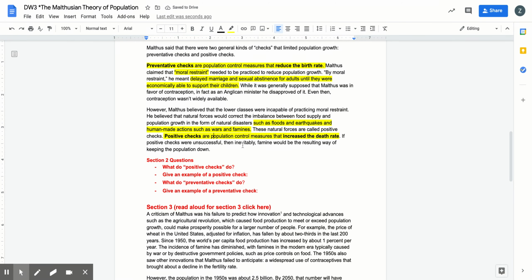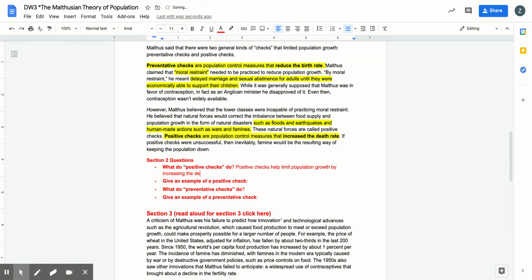So if positive checks were unsuccessful, then inevitably famine, widespread hunger, would be the resulting way of keeping the population down, because this famine would cause a lot of death. So here, what do positive checks do? Well, if I look back at that last paragraph, positive checks help limit population growth by increasing the death rate.